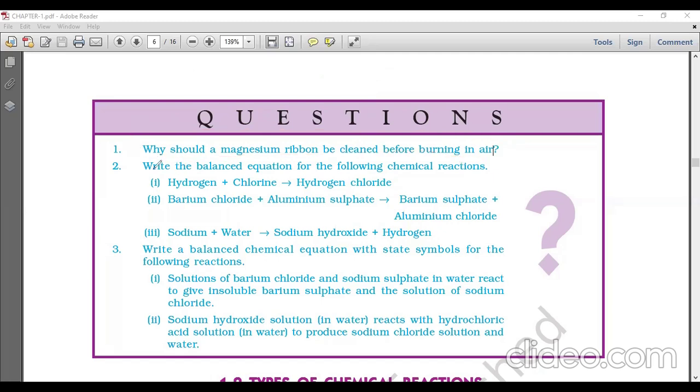The question is, why should a magnesium ribbon be cleaned before burning in air? As we all know, magnesium is a metal, right?